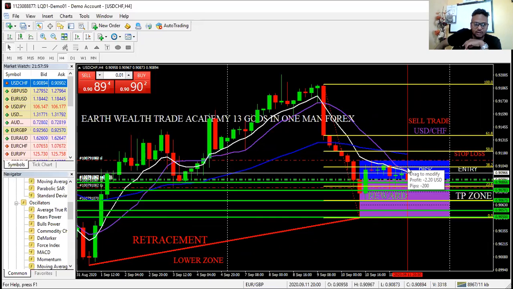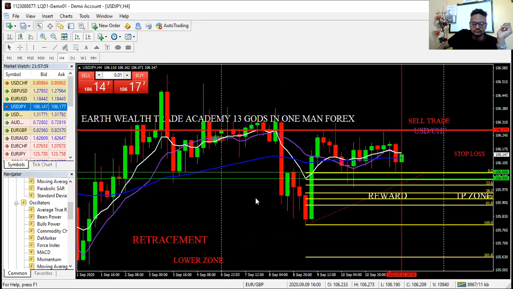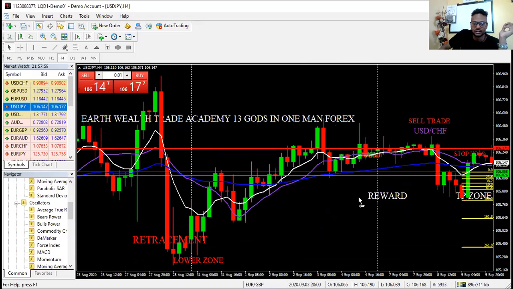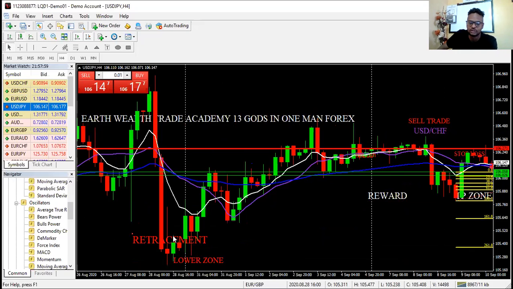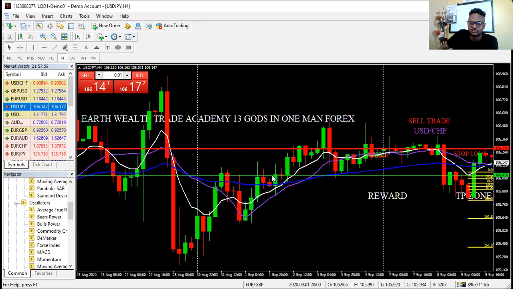Now, what I want to do is a fresh chart and run through it one more time. So I'm going to put up a different chart. This is US versus the Japanese yen, USD/JPY. We had some markings on it, but I wanted to clear the chart and do it from scratch so you can appreciate the lesson some more.